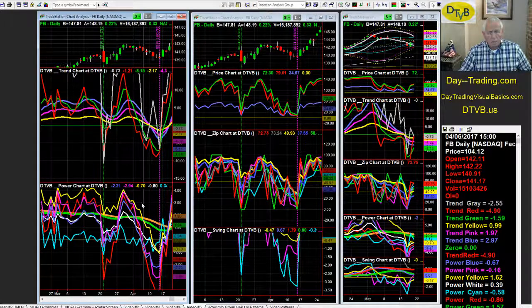If you recall from previous videos, we call them the twin yellow lines. It's zip yellow and power yellow. When those two are highest and running down, you're in a downtrend. When those two are both lowest and running up, you're in an uptrend. And they have a lot of influence on different situations.